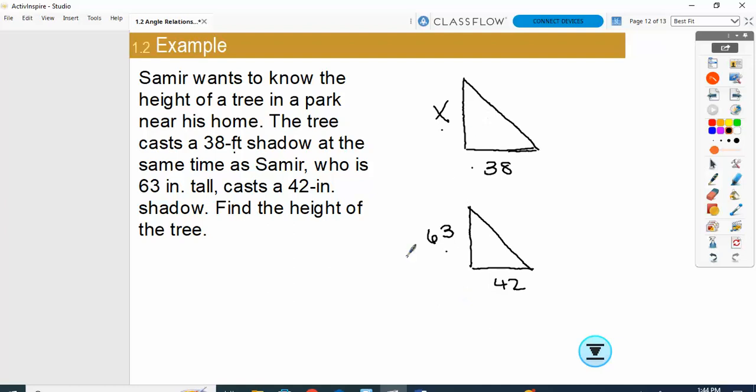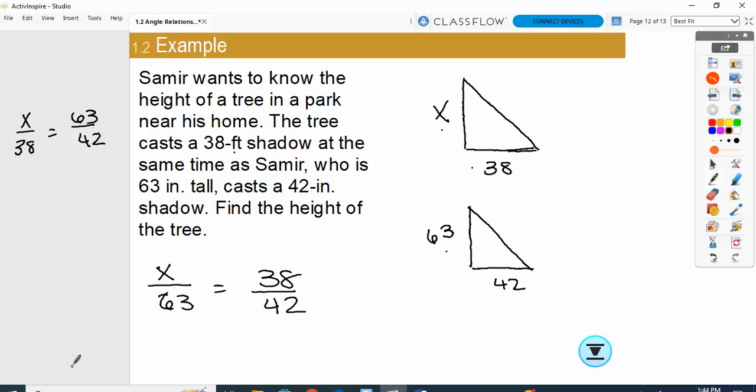So we can just set up a proportion. What would I write? X over 63 would work, equals 38 over 42. There are different ways of setting it up. You might have said x over 38 equals 63 over 42.